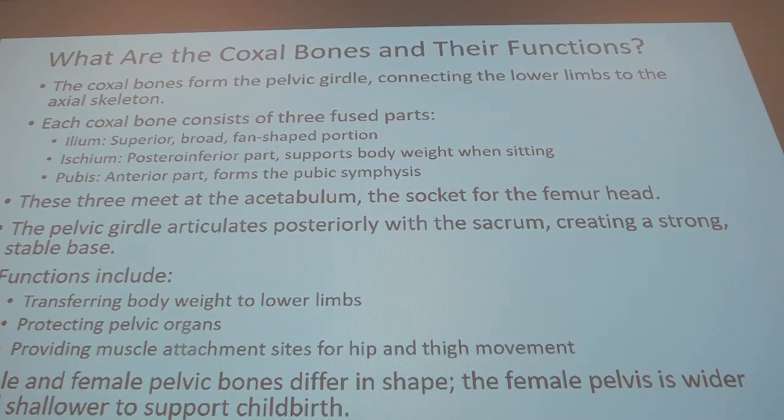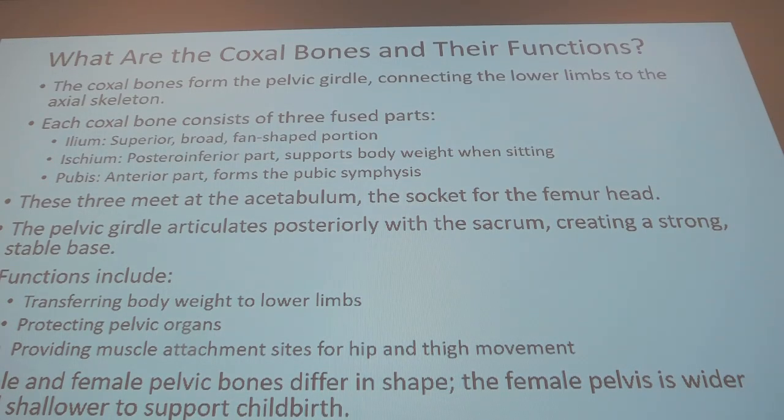This coxal bone is three bones fused into one. The most anterior and inferior bone will be the pubic bone. The most posterior and inferior will be the ischium, and then the most superior and lateral will be the iliac bone, the broader bone that we have.